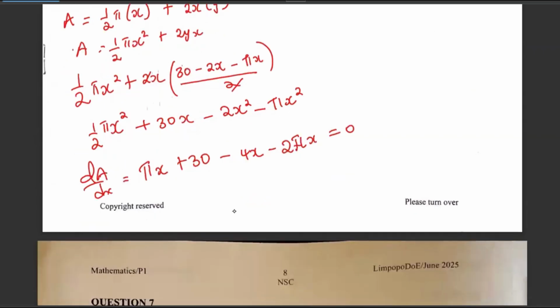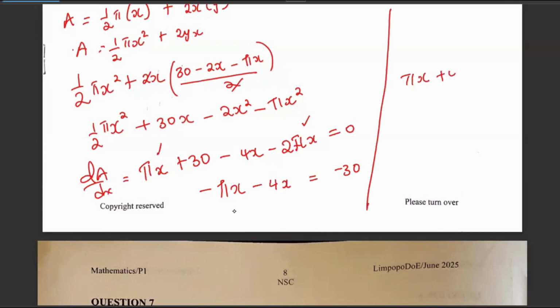So when I subtract this and this, we're going to have a negative pi x minus 4x equivalent to negative 30. Divide through by negative, meaning that pi x plus 4x gives us 30. Take out the x. You have pi plus 4 giving me 30, meaning that your x should be 30 over pi plus 4.